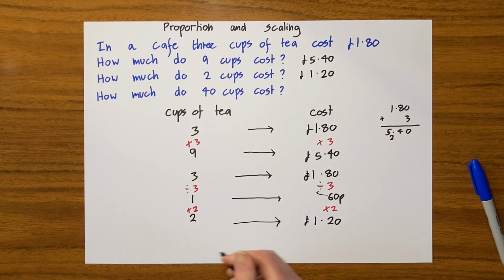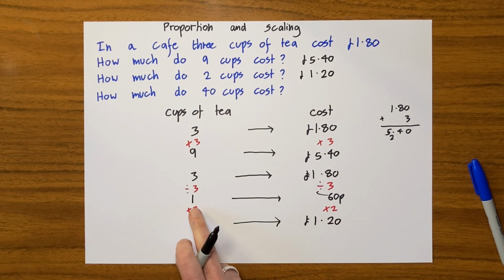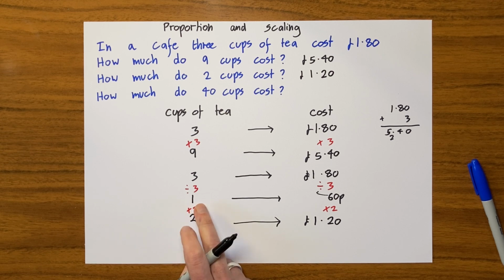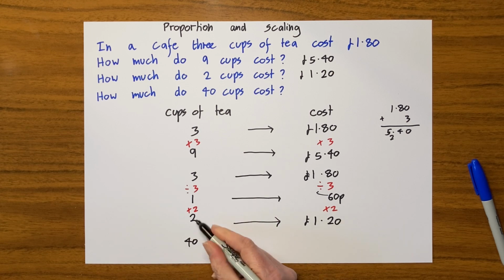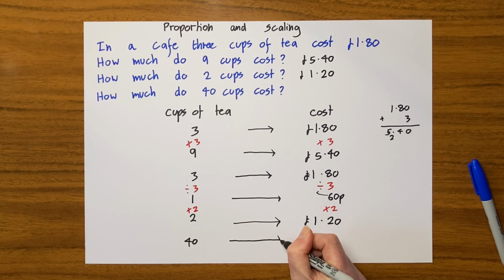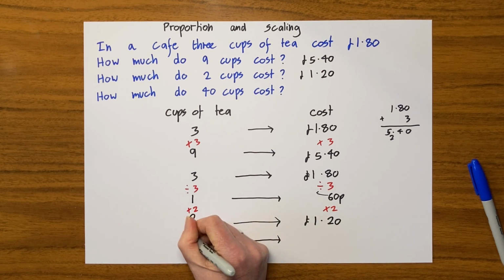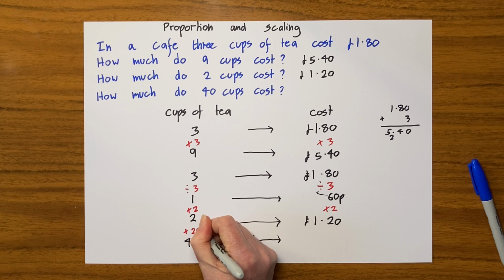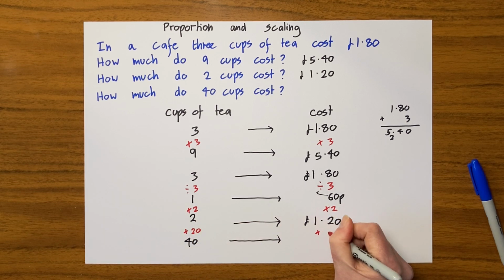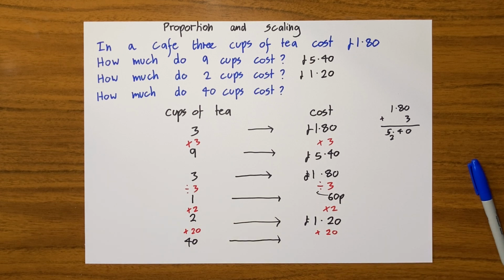Now, how much do 40 cups cost? Well, now I know what 1 cup is, I could work out any number of cups, but I'll write 40 here. And I know that 2s go into 40, so I can just straight away go, well, 2 times 20 is 40. So I'm going to need to multiply £1.20 times 20. And the way I'm going to do that is I'm going to go 2 times £1.20.